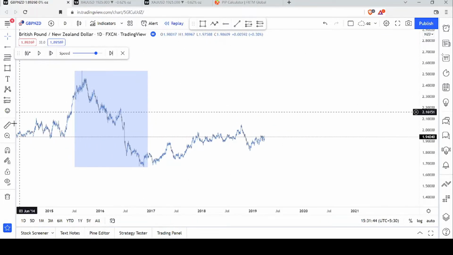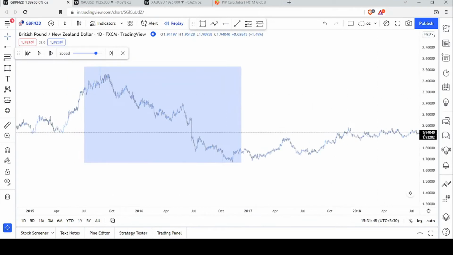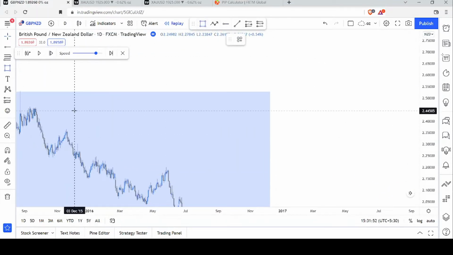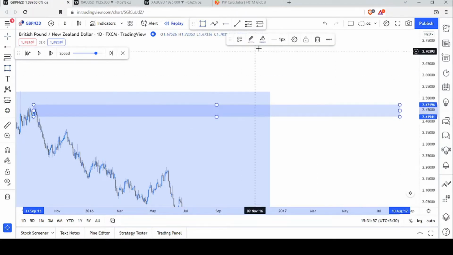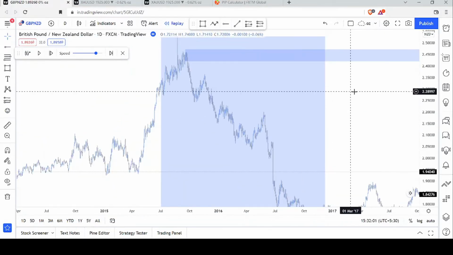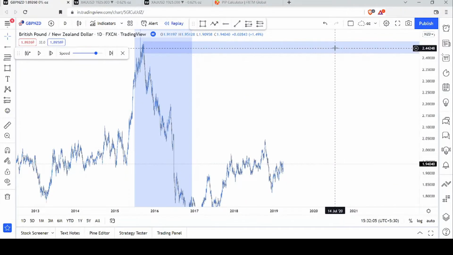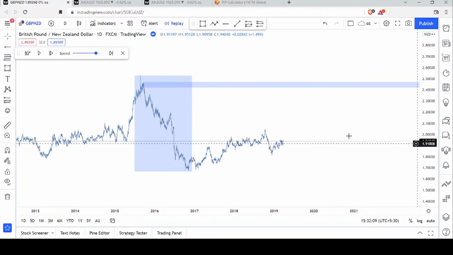And where is this break coming from? You have multiple zones on this. However, we're going to look for our zone somewhere. Let me just make this extended. So when price comes up to this area, that's where we want to sell this, right?